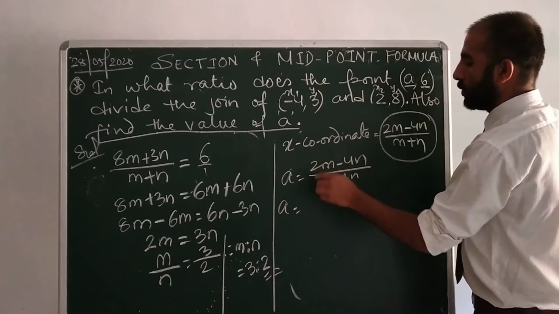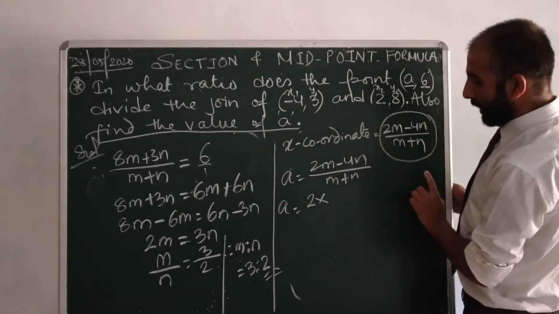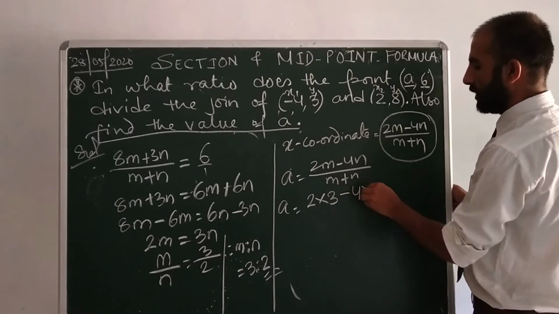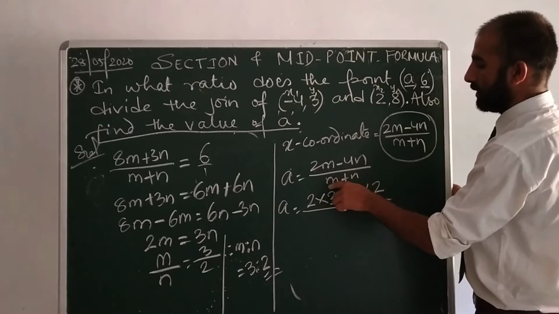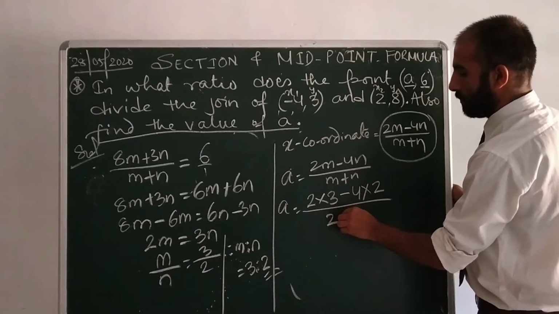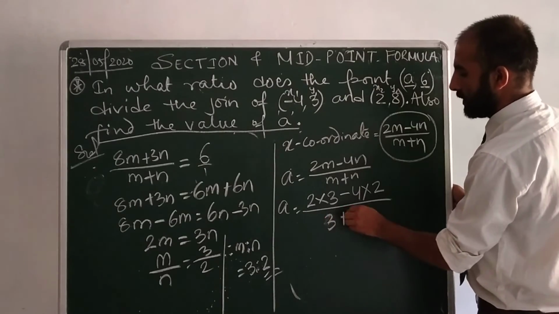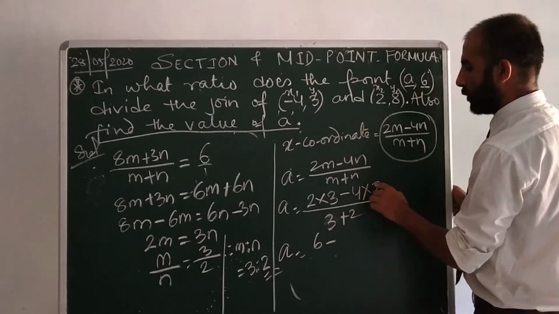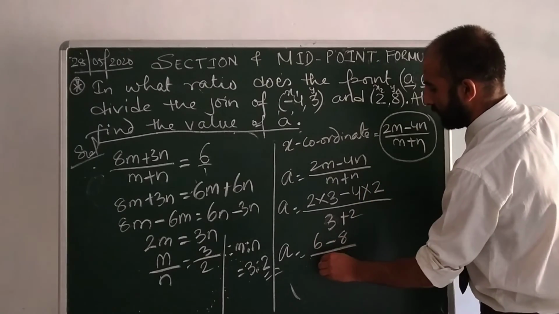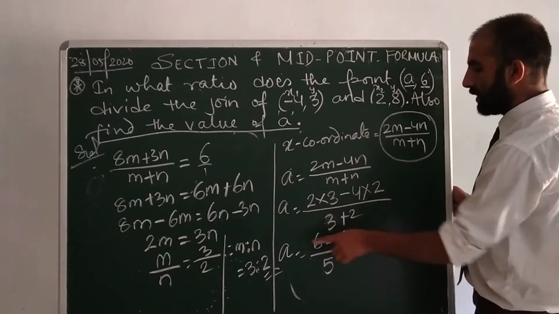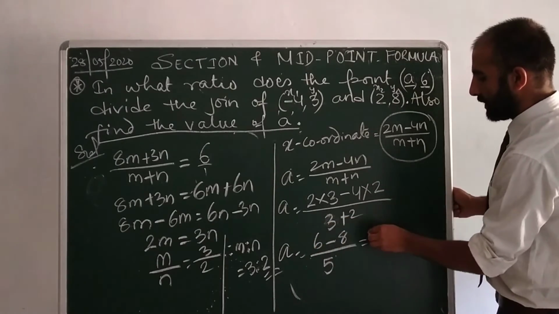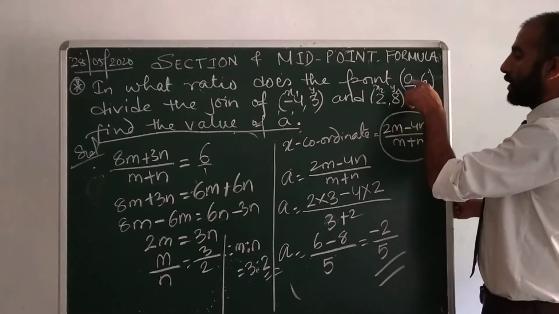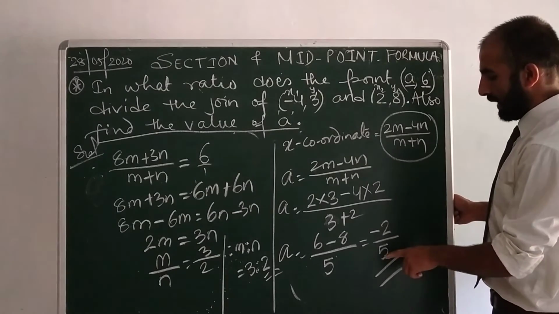A equals 2, m, how much we got? 3. Minus 4, n, how much we got? 2, by 3 plus 2. That is a equals 2 3s are 6 minus 4 2s are 8 by 5. Finally, we got the value of a as 6 minus 8, that will give you minus 2 by 5. That means the value of a is minus 2 by 5.